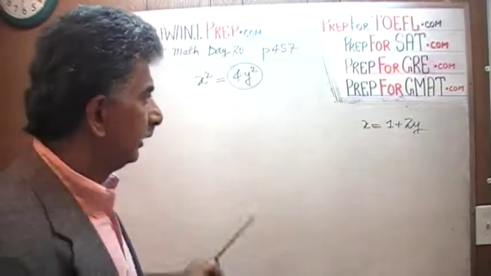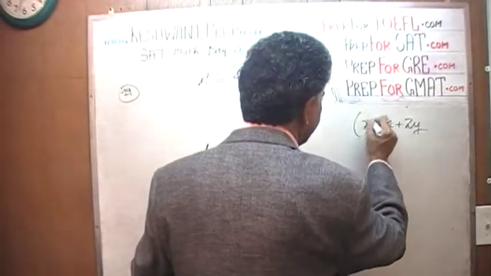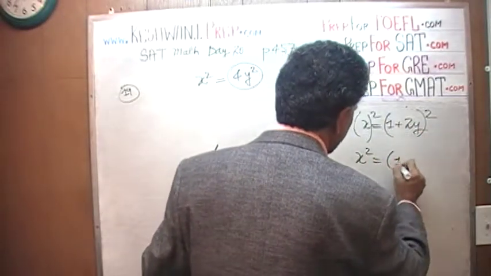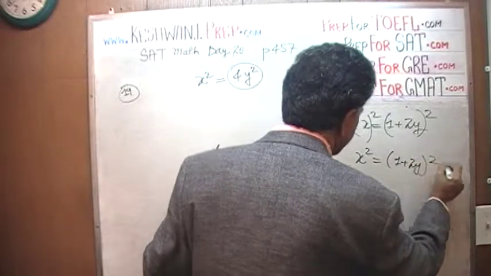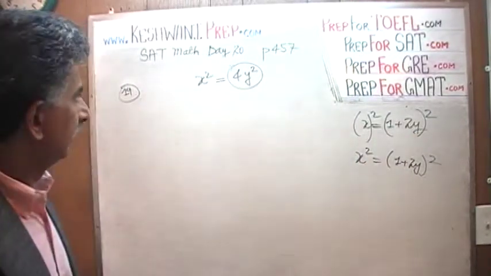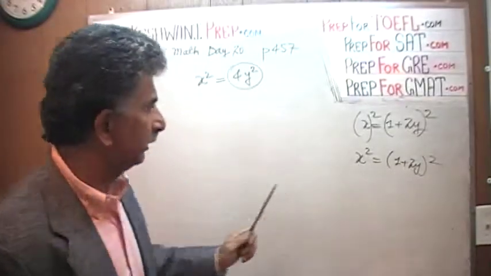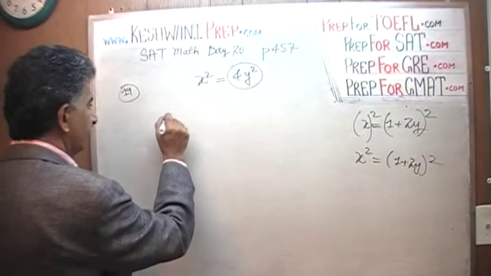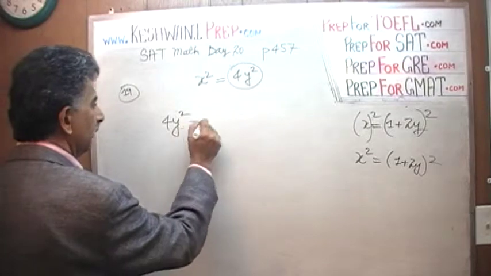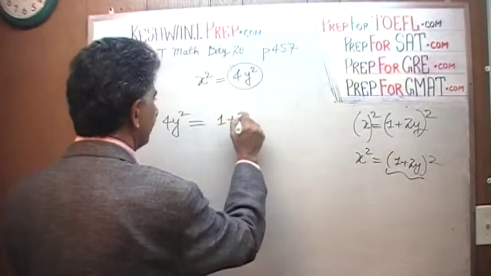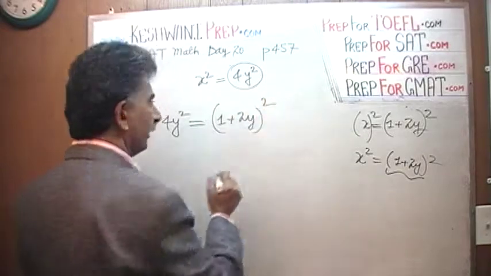If you were to square both sides here, we'll end up with x squared equals 1 plus 2y, squared. And that's also x squared, which means this quantity must equal that quantity. That implies that 4y squared must equal 1 plus 2y whole squared.